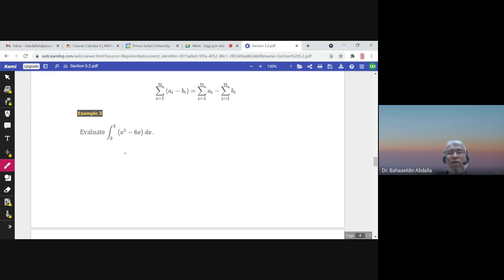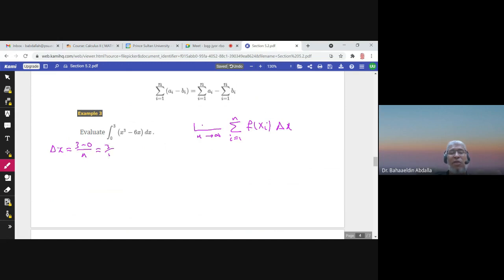So to evaluate this integral, I have to remember that the definite integral is the limit of the sum from i equals 1 to n, as n goes to infinity, of f of xi delta x. So the first thing to find is delta x. Delta x is (b minus a) over n.